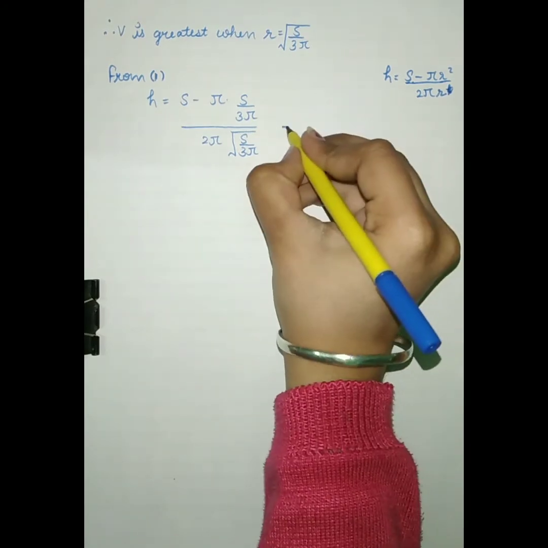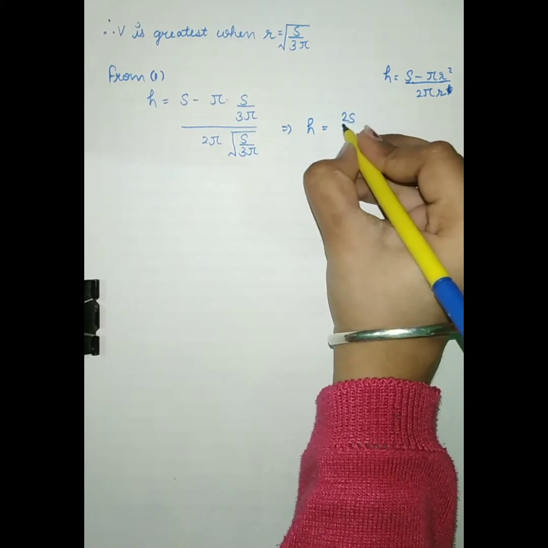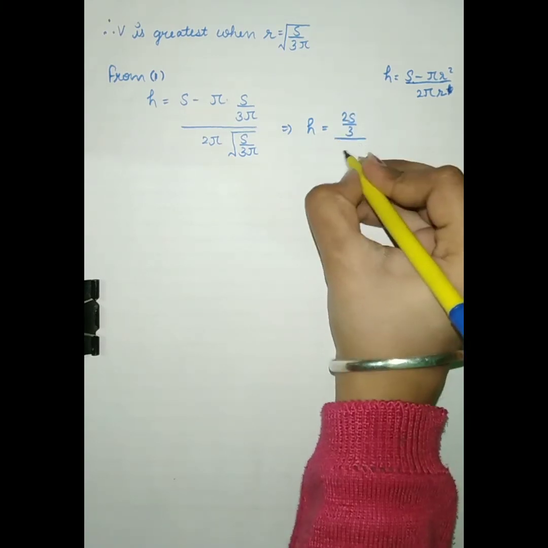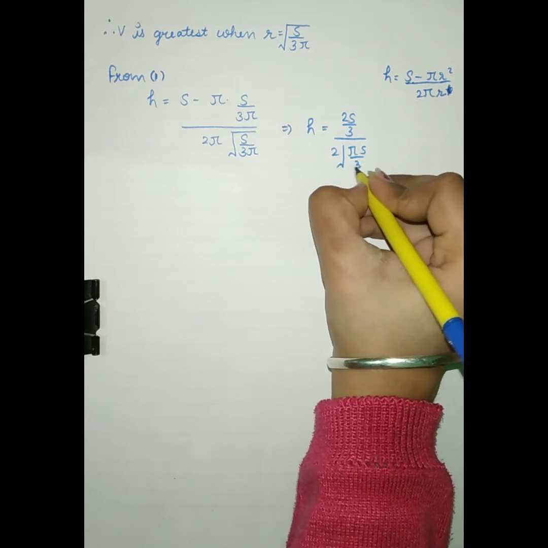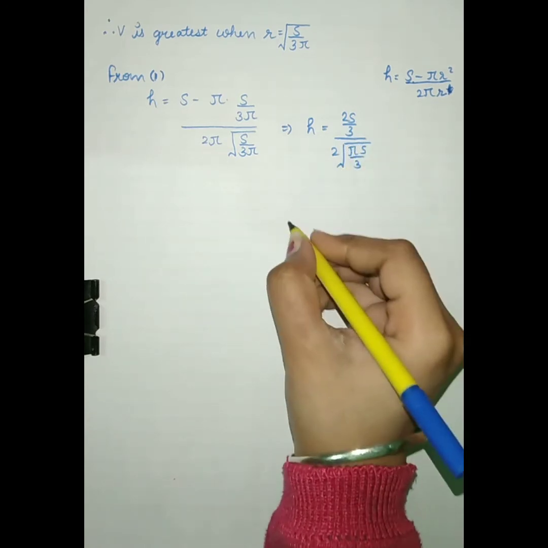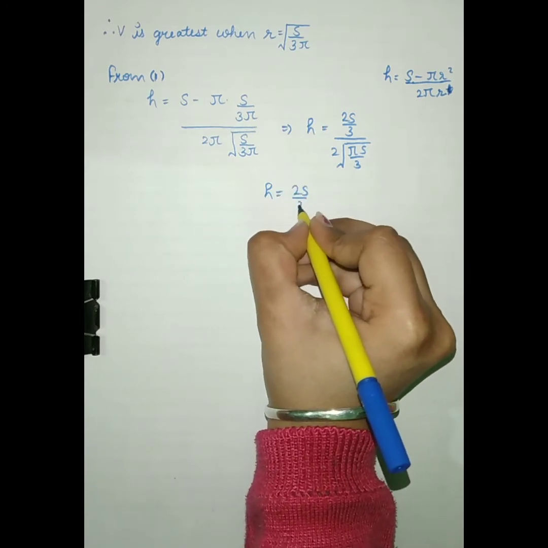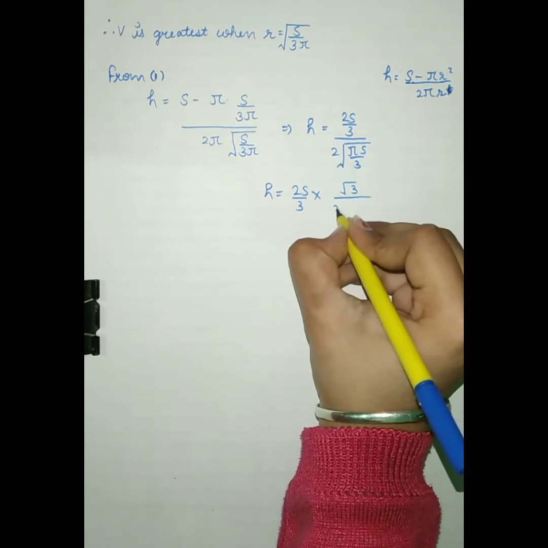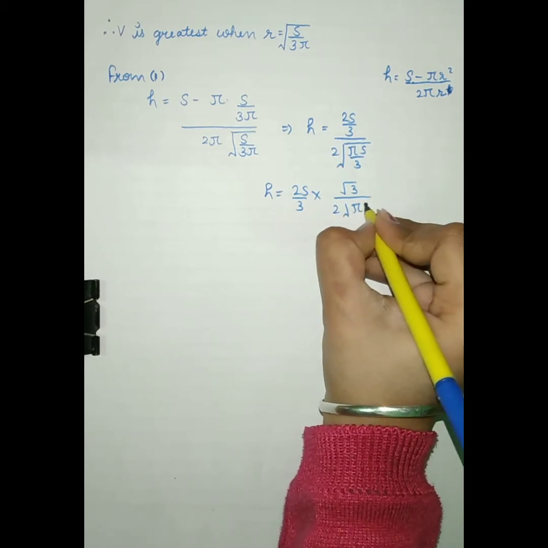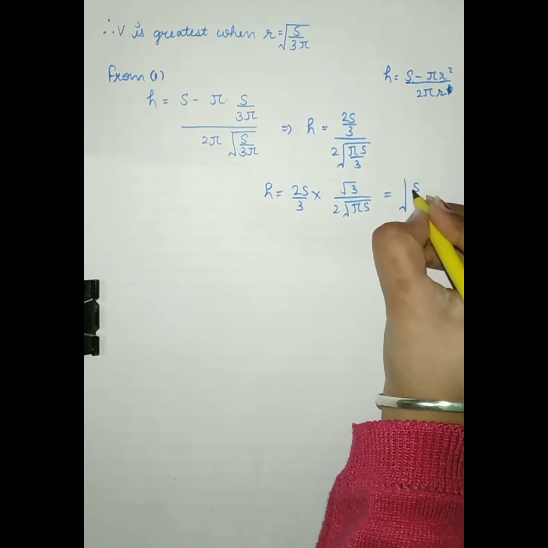Then H will become 2S upon 3 divided by 2 root of pi S upon 3. That means H will become 2S upon 3 into root 3 upon 2 root pi S. Then it will be equal to root of S upon 3 pi.